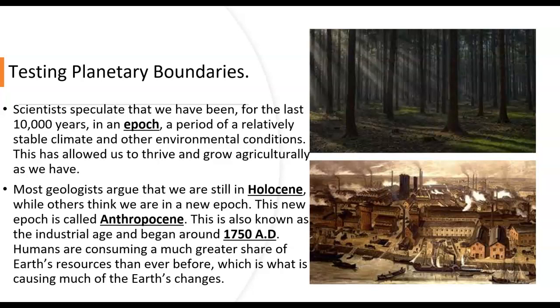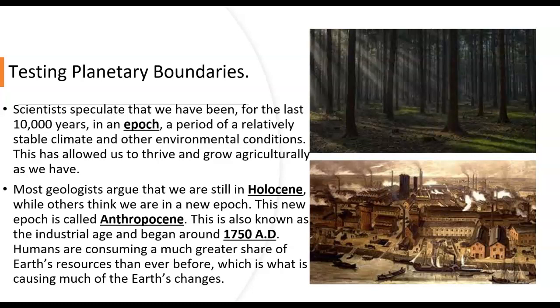But if we change the environment too quickly, those organisms aren't going to be able to adapt quickly enough and can become extinct, or their population could be greatly decreased. So stable environmental conditions are super important. Most geologists argue that we are still in the Holocene, and others think we're in a new epoch, called the Anthropocene, basically known as the Age of Man.